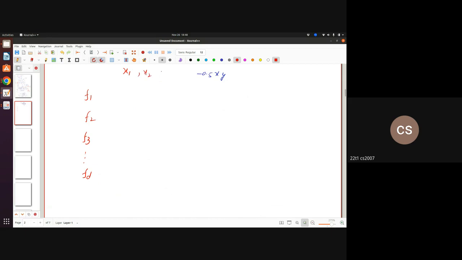X1 is data point 1, and this is a vector, right? That's how we've been looking at the terms. So let me use F1, F2 here.